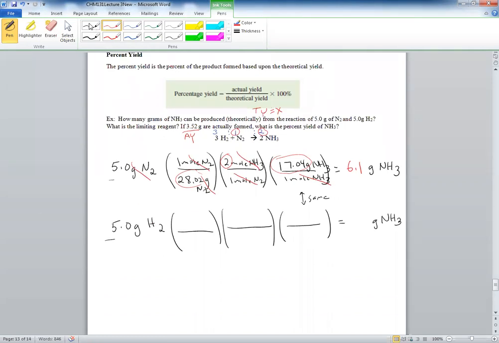For the grams of H2, you should probably pause and do this problem, but I can tell you right away that this is going to be the same here if it's, again, grams to grams.